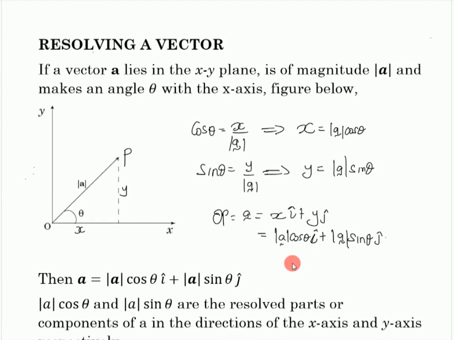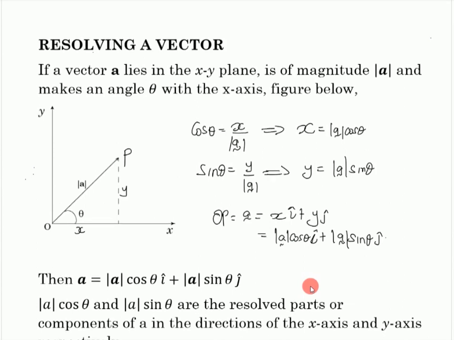A cos theta is the component of the vector OP along the horizontal, along the x-axis, while a sin theta is the component of the vector along the vertical axis. We call that resolving.